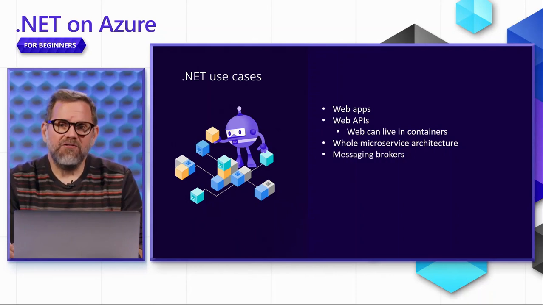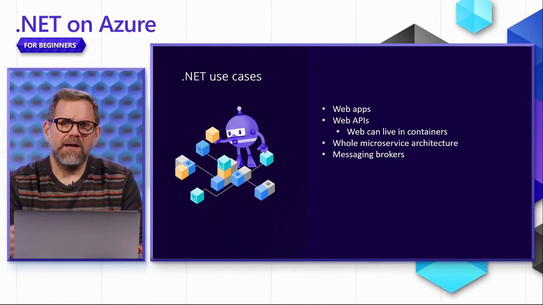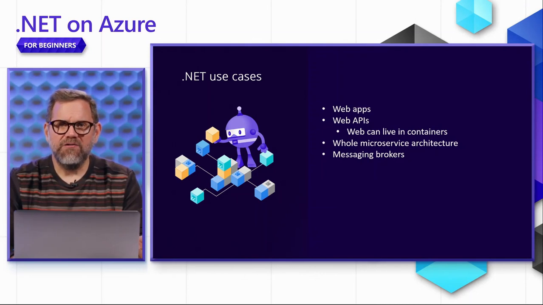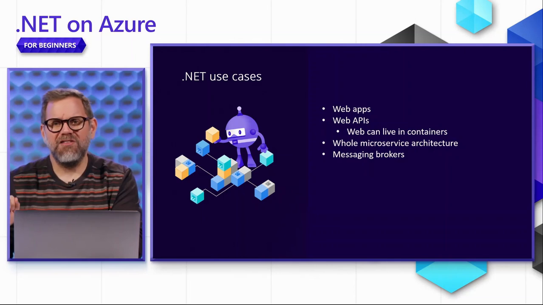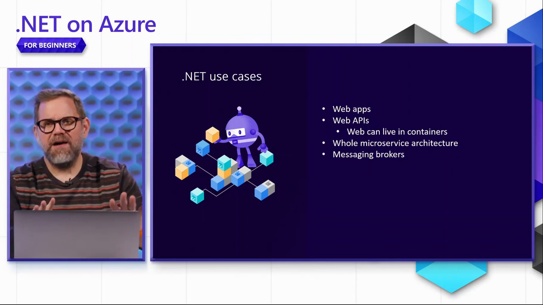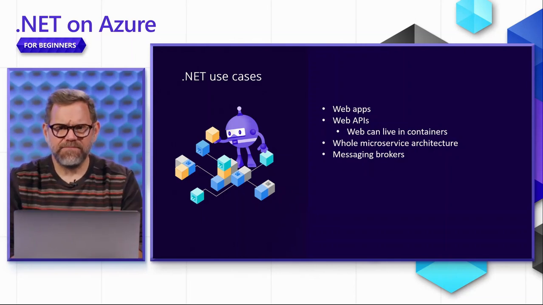We can start doing message brokers. There's a whole ecosystem of message brokering applications and services up on Azure which we can build our application for and use. So, highly available time series: if we have a bunch of messages coming in, we can push them up to Azure and we have services that can handle that.